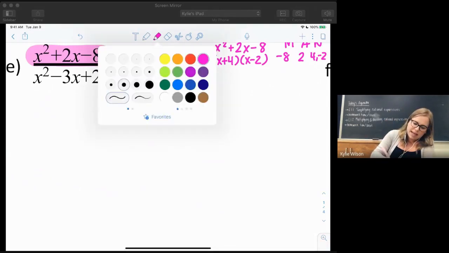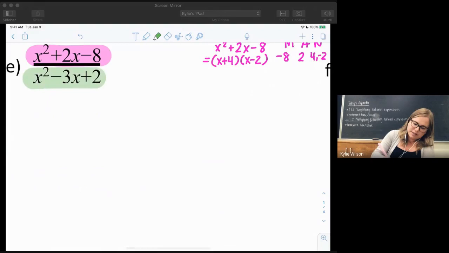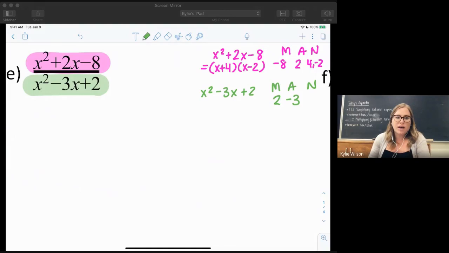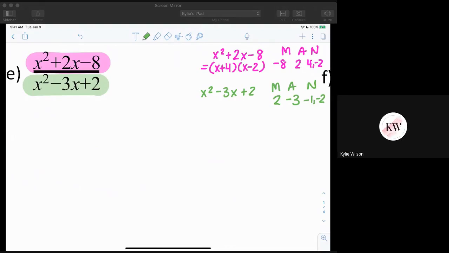And then for the denominator, we have x squared minus 3x plus 2. To factor that one, two numbers that multiply to 2 and add to negative 3 are negative 1 and negative 2. So that just factors to x minus 1, x minus 2.